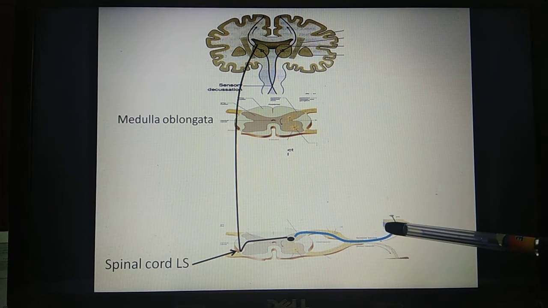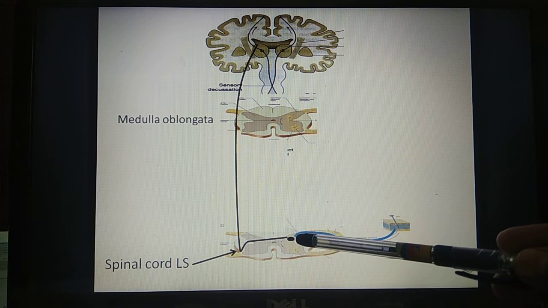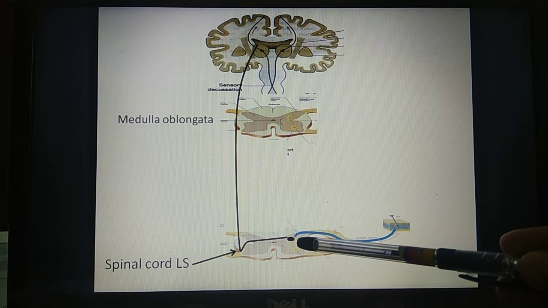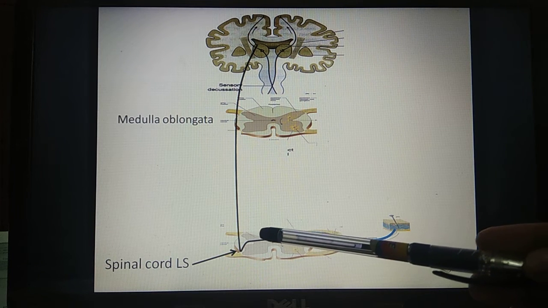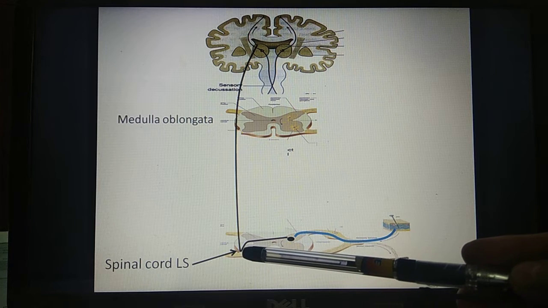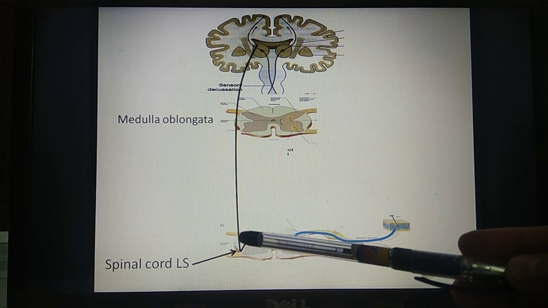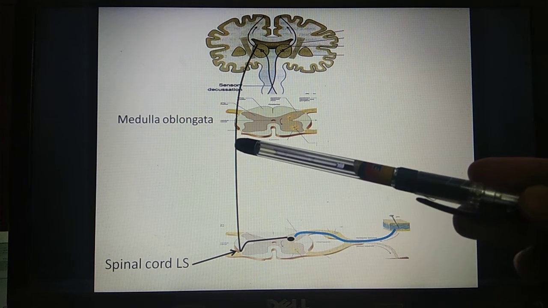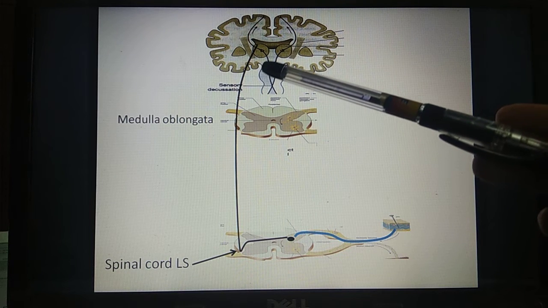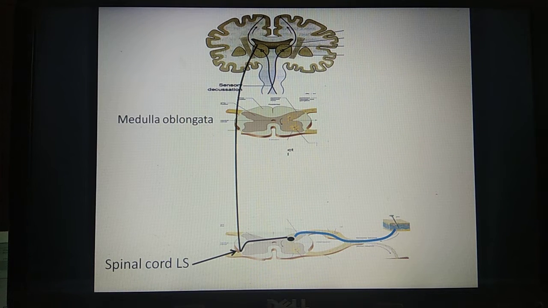Sensory nerve arising from the receptor ends in the spinal cord, making a synapse with the sensory relay neuron. From here an axon arises and goes immediately to the opposite side, traveling, as you can see, in the lateral side of the medulla oblongata going up to the thalamus.